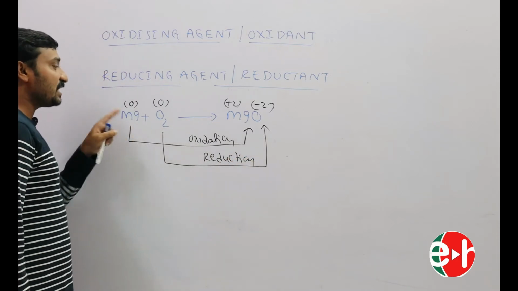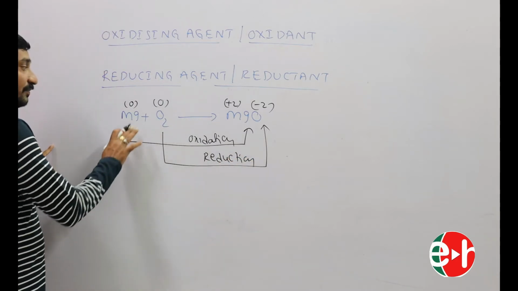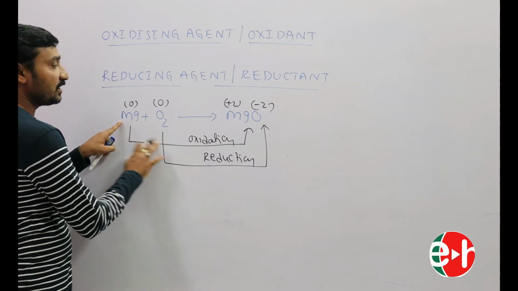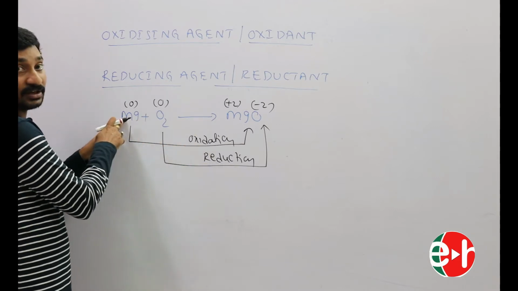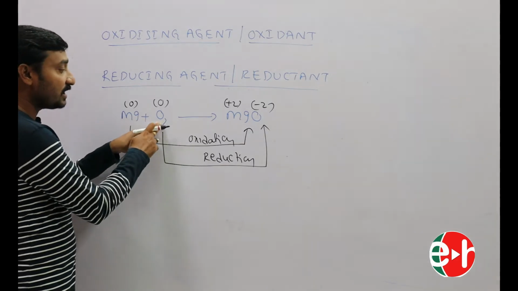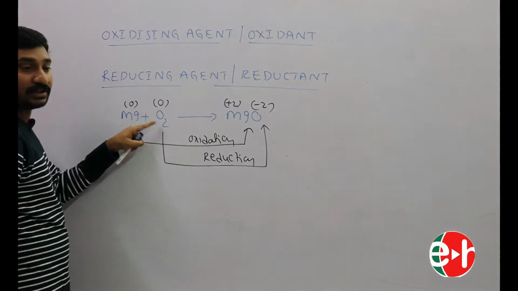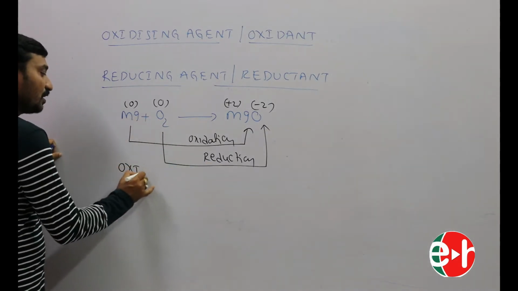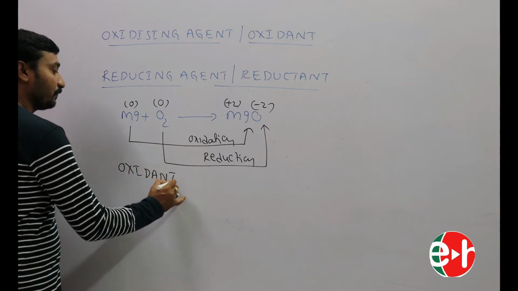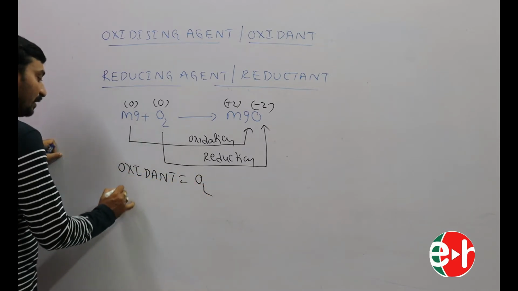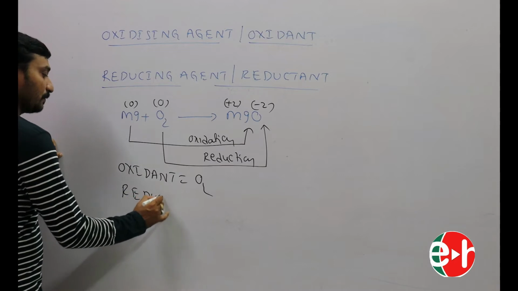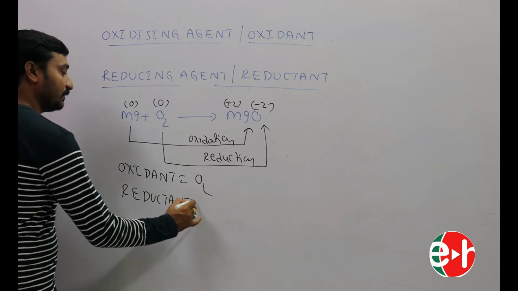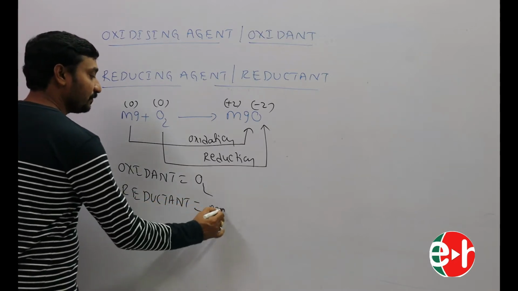Now tell me, which undergoes oxidation? Mg undergoes oxidation, that's why this is reductant or reducing agent. Oxygen undergoes reduction, that's why this is oxidant. Oxidant is O2, reductant is Mg.